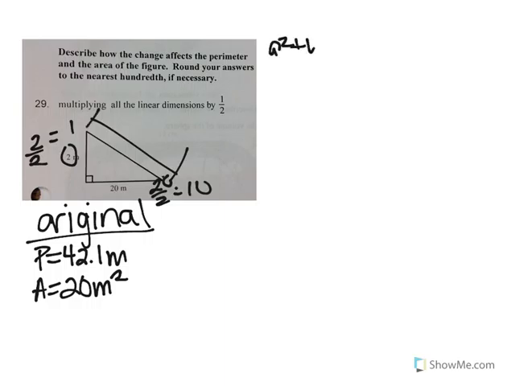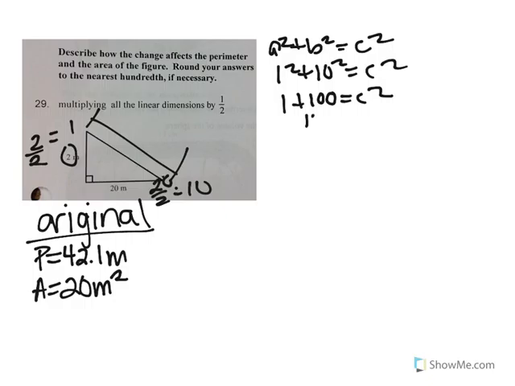So a squared plus b squared equals c squared. 1 squared plus 10 squared equals c squared. 1 plus 100 equals c squared. So our c should be about 10.05 meters.